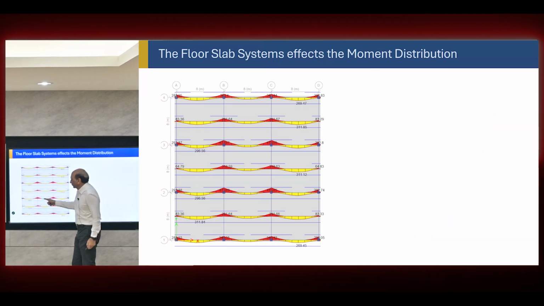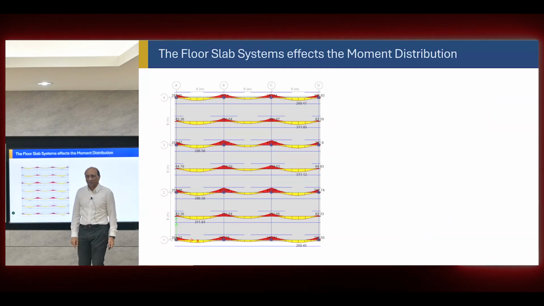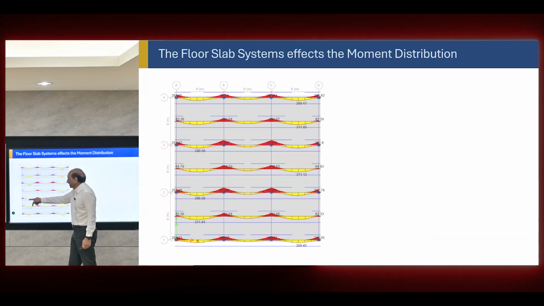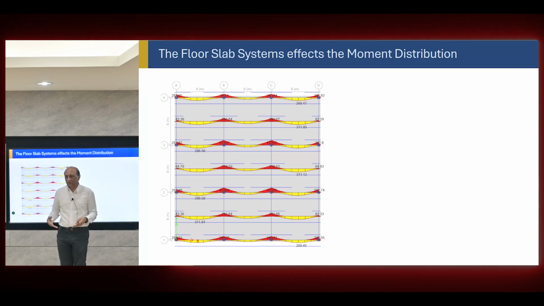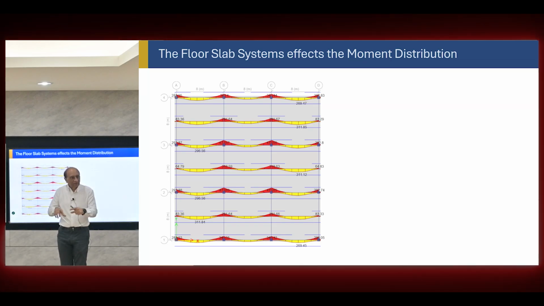So this is the column strip moment. This is the middle strip moment. You calculate reinforcement based on the middle strip moments. You calculate reinforcement based on the column strip moment. You distribute them based on that. And if there's a beam here, column strip moment in the slab will go down. You will have less reinforcement over the column, more reinforcement in the beam. If there's no beam there, more reinforcement in the column strip, and then you will have bands of reinforcement there.